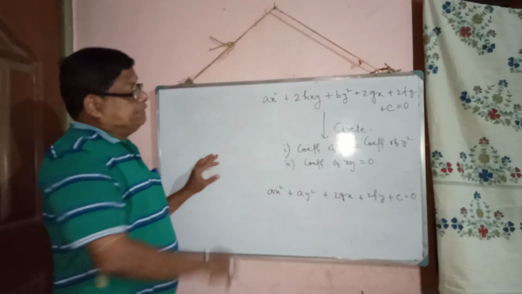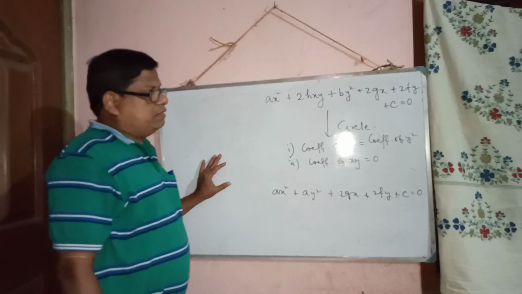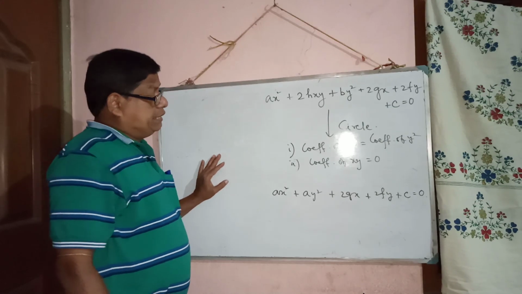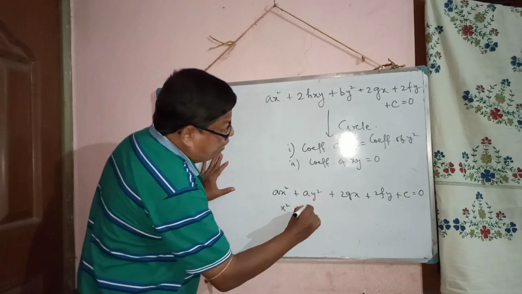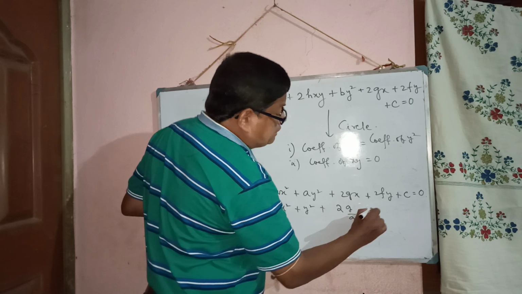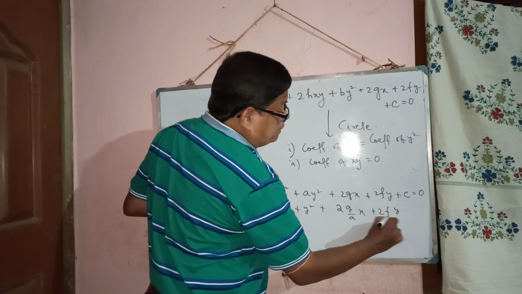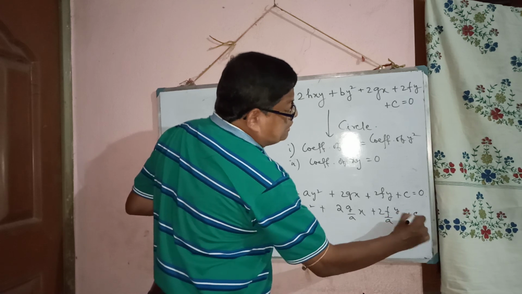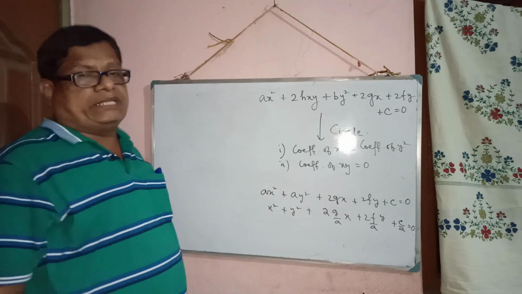This equation represents a circle. Now divide both sides by a: x square plus y square plus 2g by a into x plus 2f y by a plus c by a equal to 0. So keep this general equation in mind.